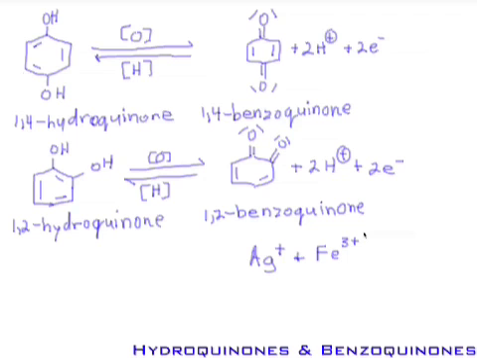This is the chemical basis of early black and white photography. When silver is used as the oxidizing agent, silver plus will pick up the electrons and become silver metal.